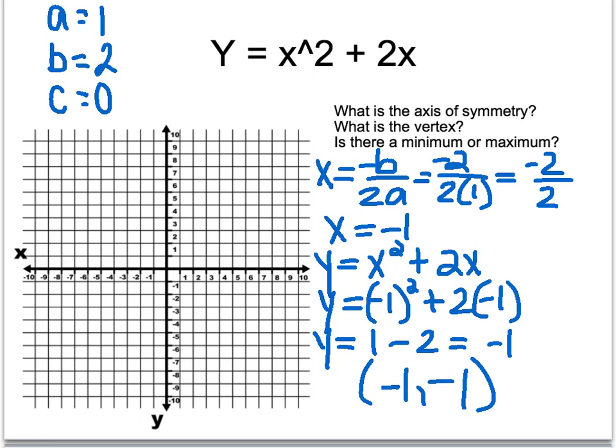And so I have an axis of symmetry crossing the x-axis at negative 1, and negative 1 is my minimum value. And I'm going to plot the point 1, positive 3, and negative 3, positive 3 to get the rest of my parabola. And here I have a minimum at negative 1, negative 1.